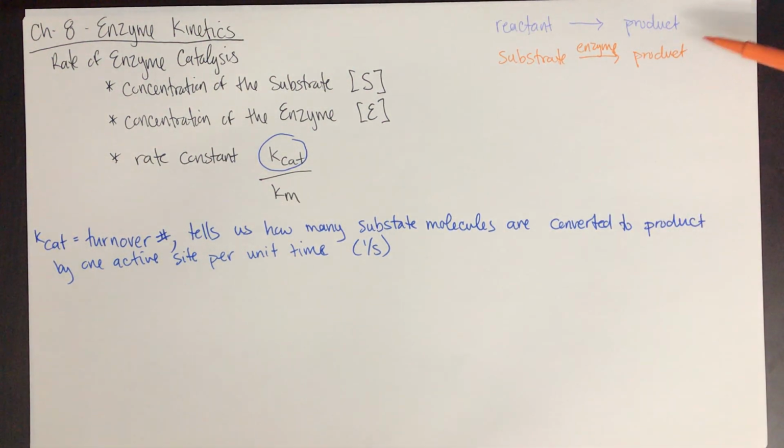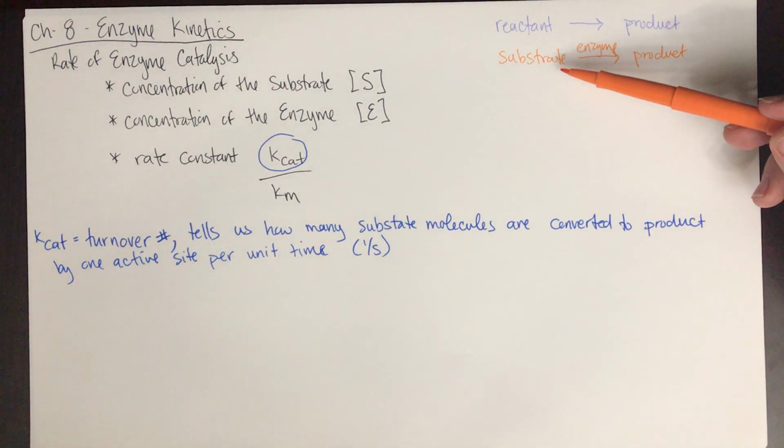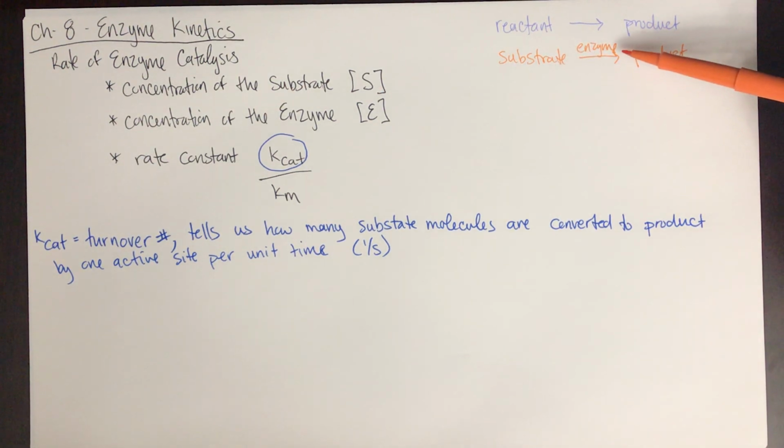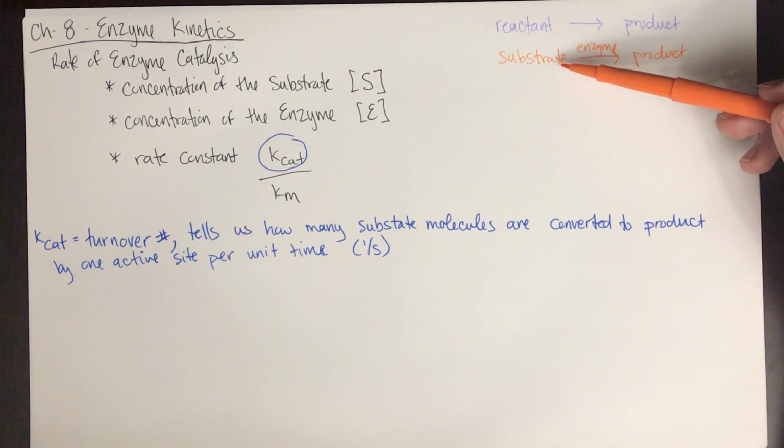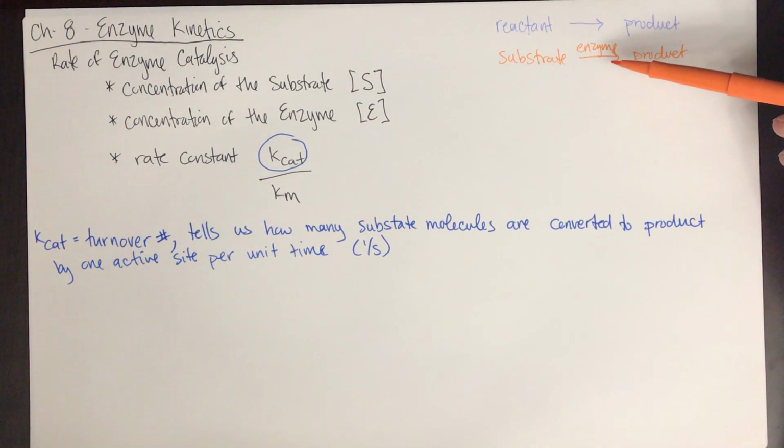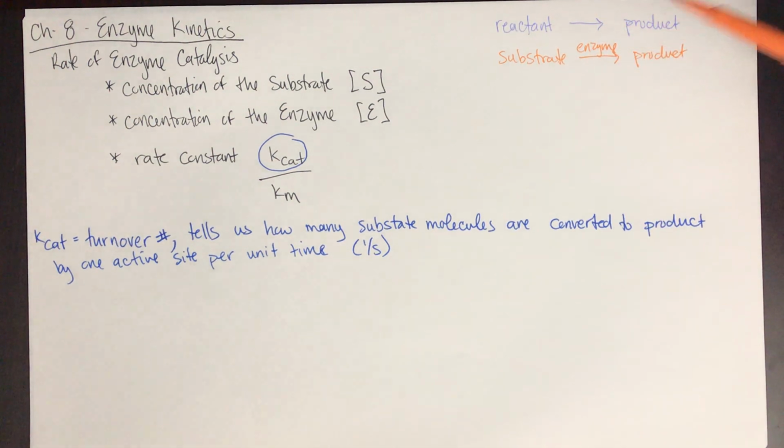So just a little more information. We call the reactant a substrate. The enzyme that catalyzes this reaction is oftentimes written over the arrow, not always, but often you'll see the name of the enzyme over the arrow and then the product. And most of the time, the name of the enzyme is named for the substrate that it is catalyzing. Okay, so that's just a little review.